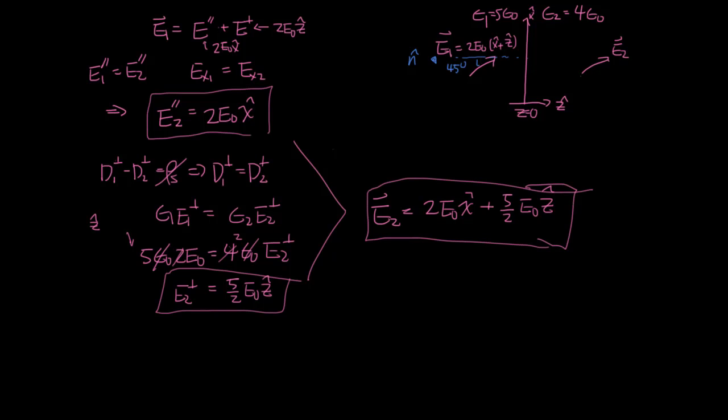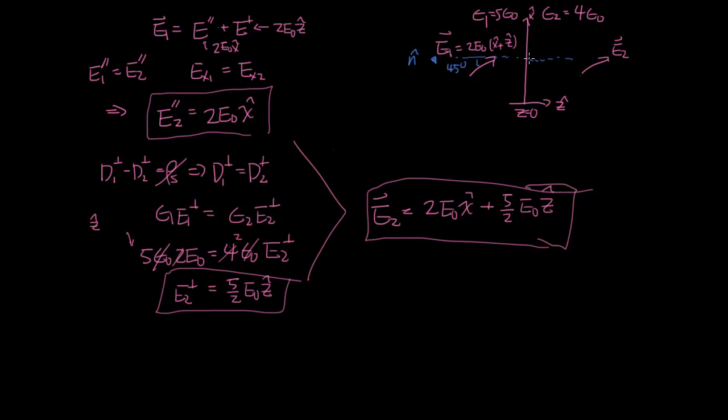Now let's also look at it qualitatively and see how it compares. On the other side, the tangential component didn't change. But what happened to the normal component? Sorry, did it increase or decrease? It increased, right?